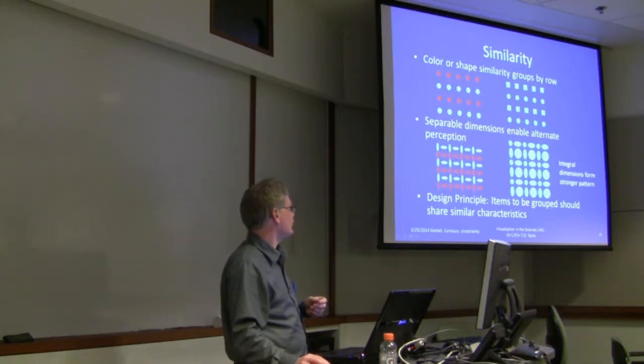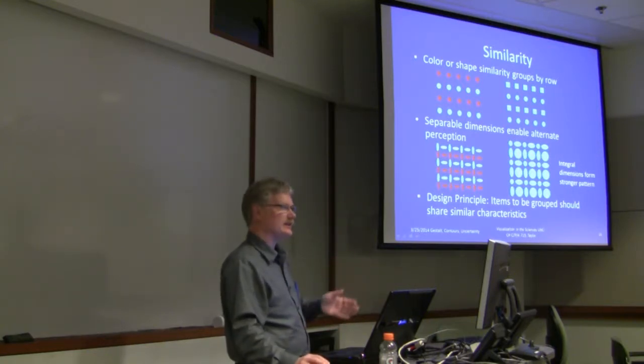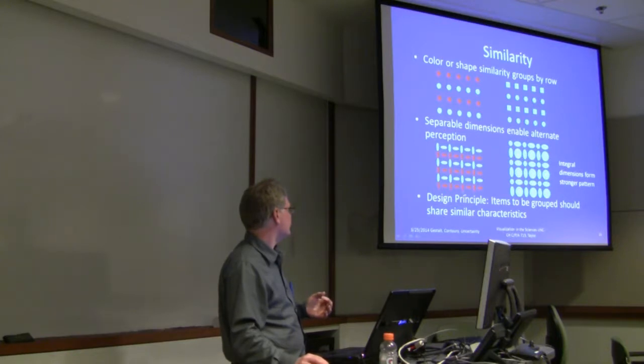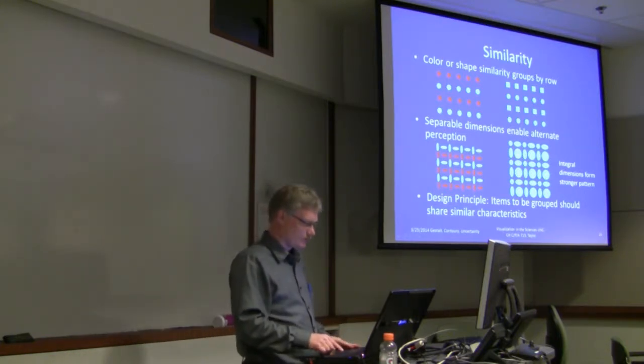It looks more like a herringbone shape where there are thin things with larger things in between them, and it doesn't look like rows and columns done by width and height. So you should have similar characteristics. This is an obvious one for objects that you want to group together.